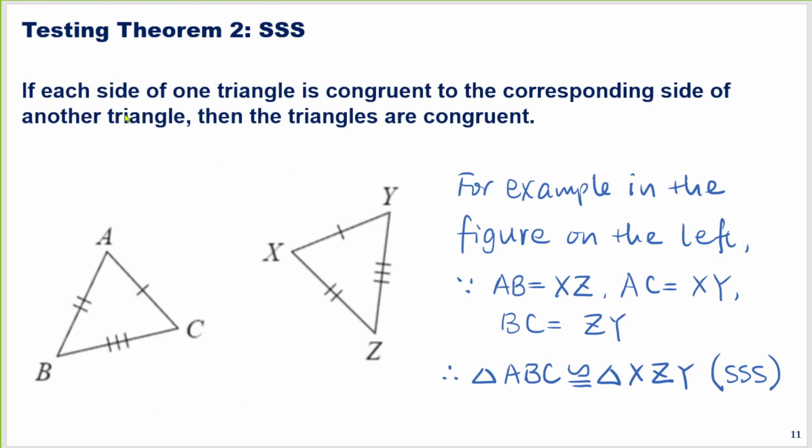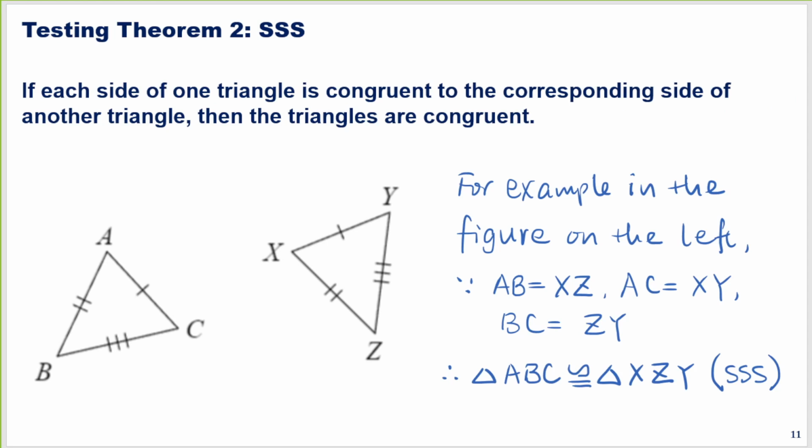Alright, next let's have a look at the second testing theorem we can use to prove two triangles are congruent, which is called SSS. From the name, probably you can guess the meaning of this theorem. If each side of one triangle is congruent to the corresponding side of another, then the triangles are congruent.